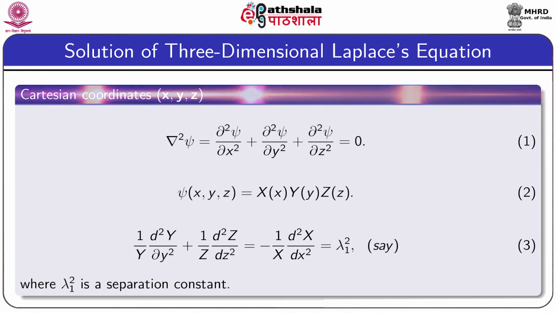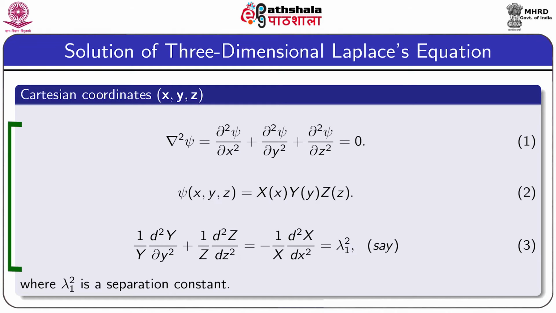Now, the Laplace equation in Cartesian coordinates can be written as grad square psi, which equals del square psi by del x square plus del square psi by del y square plus del square psi by del z square equals 0.